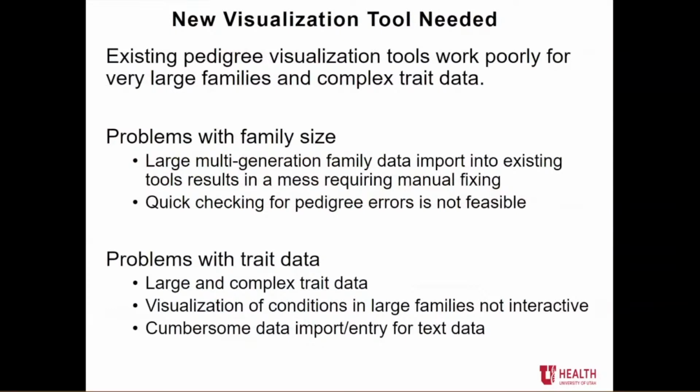So these tools worked very poorly for really large families. There are tools out there, but they tend to be developed for much smaller family structures. We would try to import some of these families into some of the existing tools and end up with just a complete mess that was impossible to visualize.